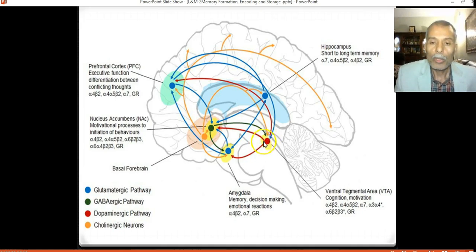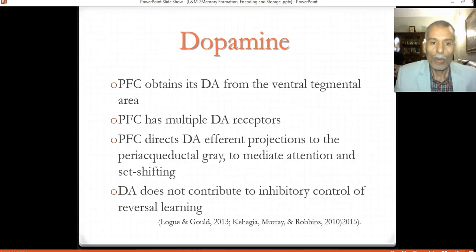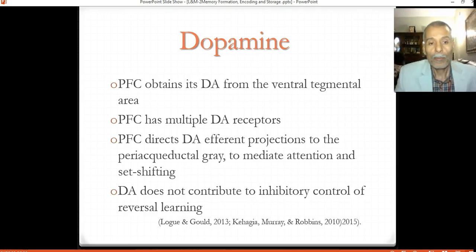It produces this dopamine and then sends it on. It is sometimes also called the ventral tegmentum. It has multiple receptors in the prefrontal cortex, because you need it here again. You regulate your emotions here, your working memory, your attention, and dopamine is critical to that, and your movement as well.